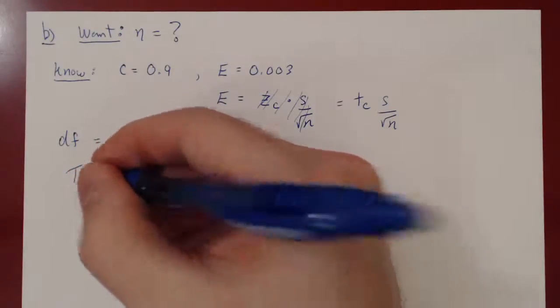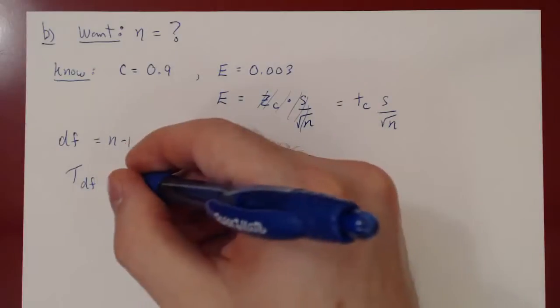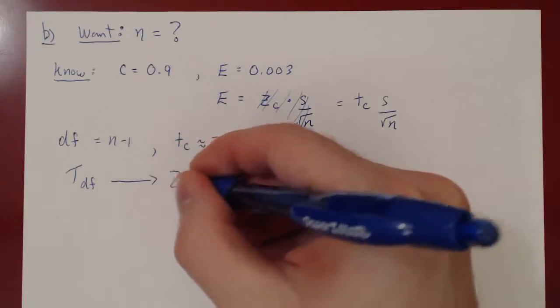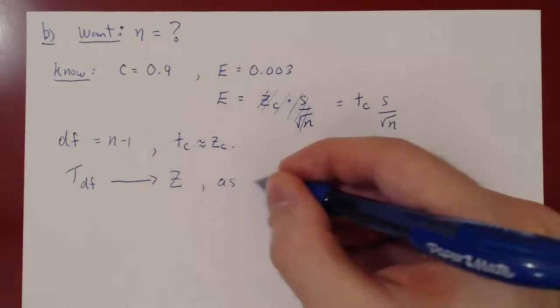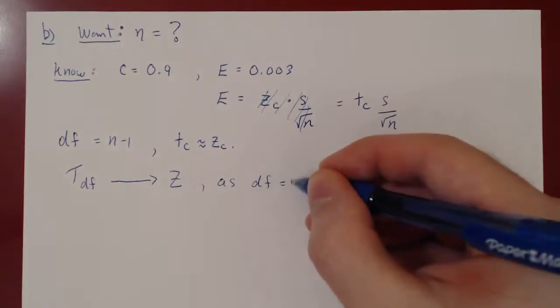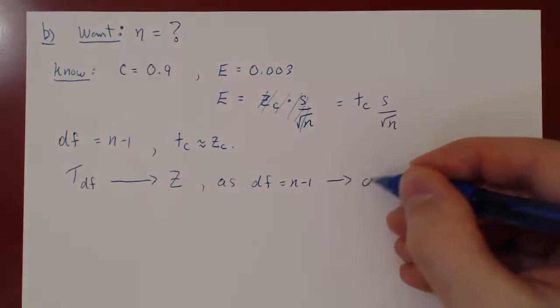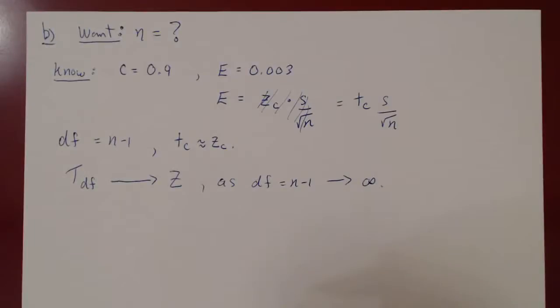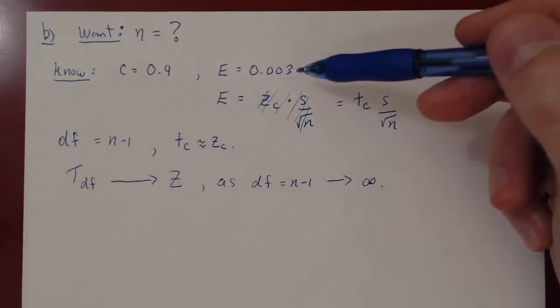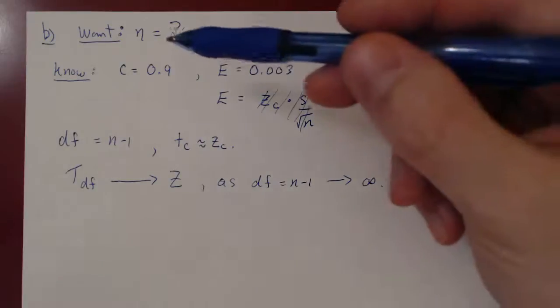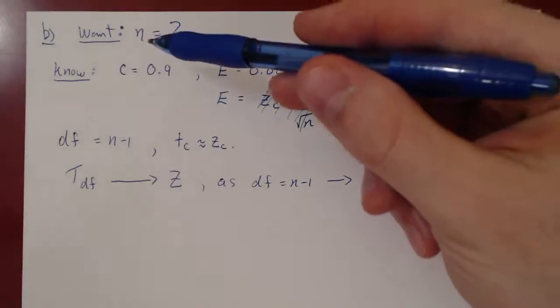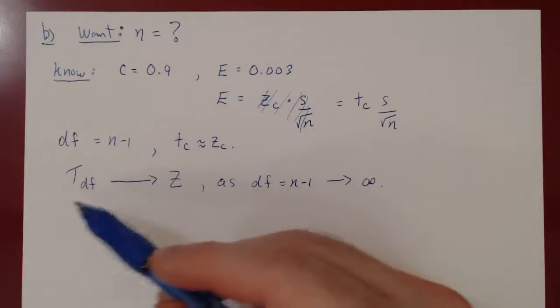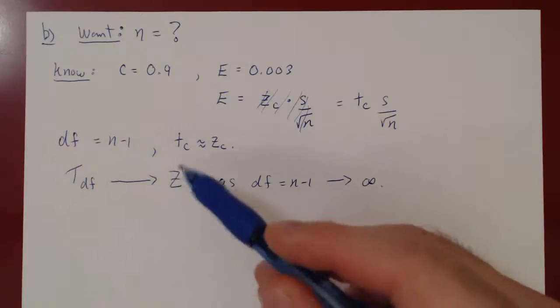The t distribution gets closer and closer to the z distribution as the degrees of freedom, therefore n minus 1, become bigger. And because again, in real life, you will want a small error, this will imply a large sample, therefore the t distribution will be really close to the z distribution.